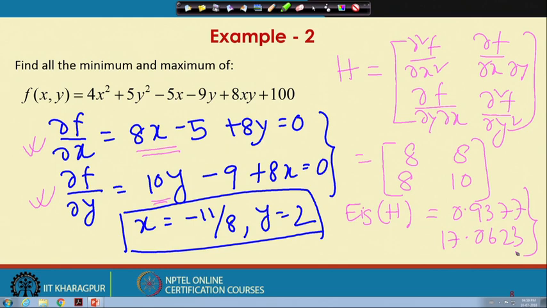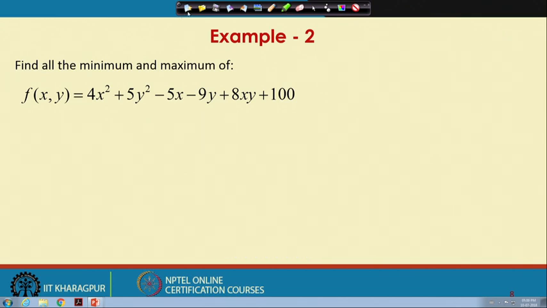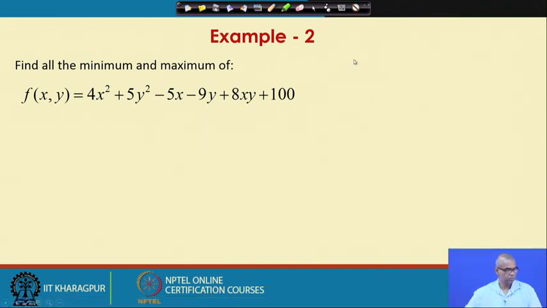So, Hessian matrix is positive definite means x equal to minus 11 by 8, y equal to 2 is a local minimum. So, the stationary point is a minimum. So, you have a minimum at minus 11 by 8, 2.